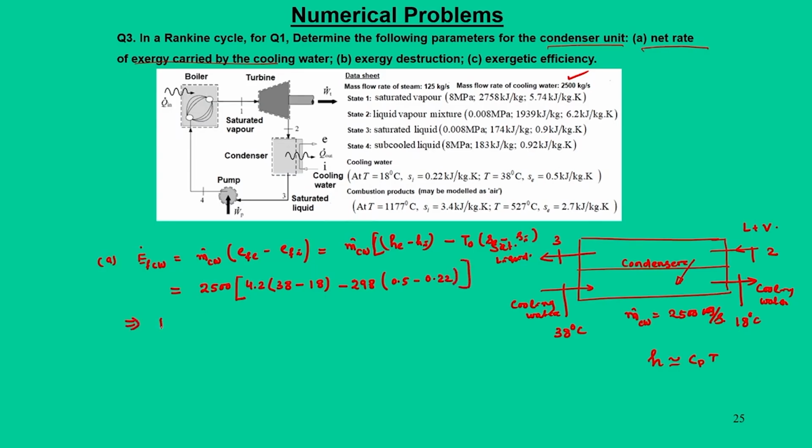So, E dot F for cooling water would be approximately 1400 kilojoule per second, or close to 1.4 megawatt.